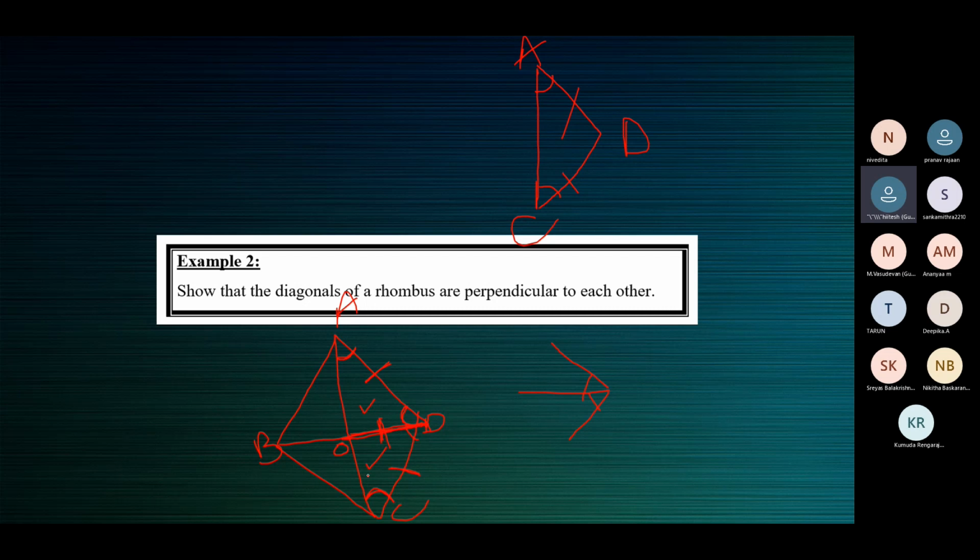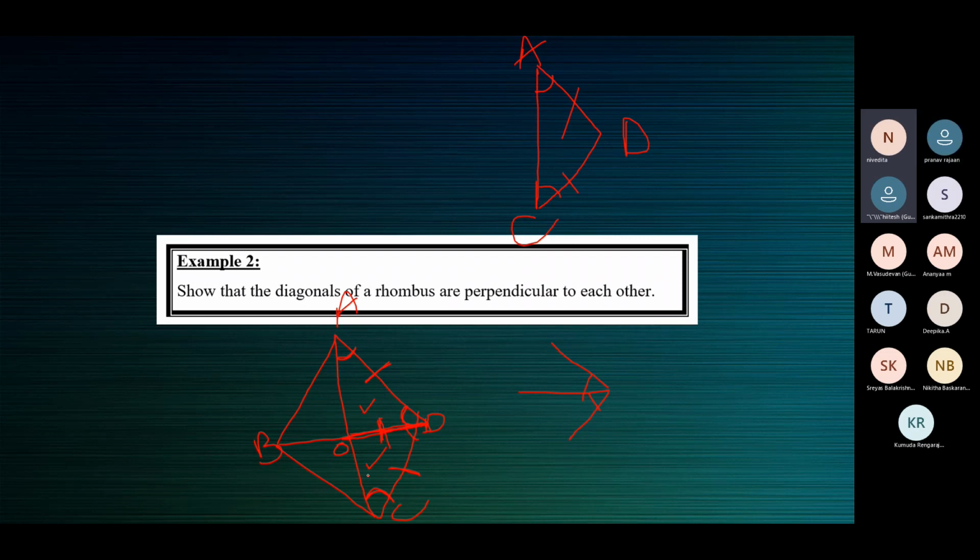Ma'am, AO is equal to CO, ma'am. Why? Diagonals bisect each other. Correct. In a rhombus, we know that the diagonals bisect each other. Are the diagonals equal in a rhombus? No, ma'am.